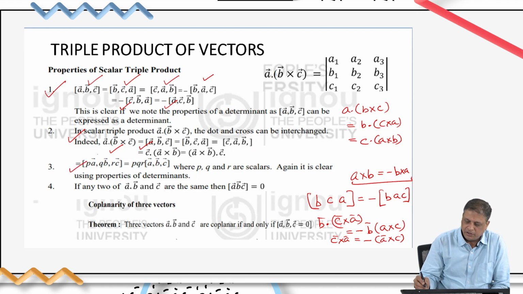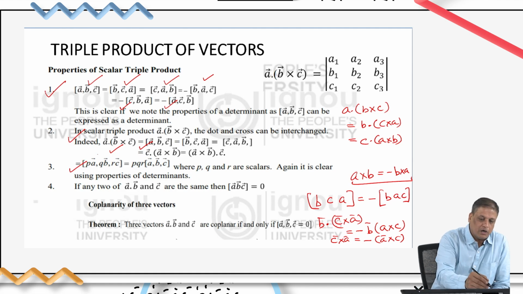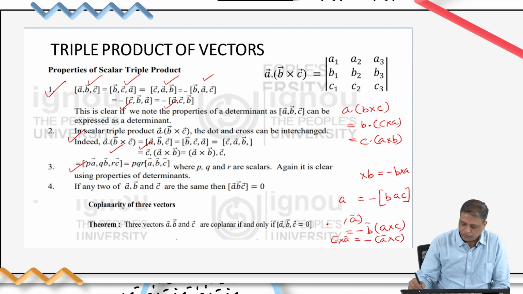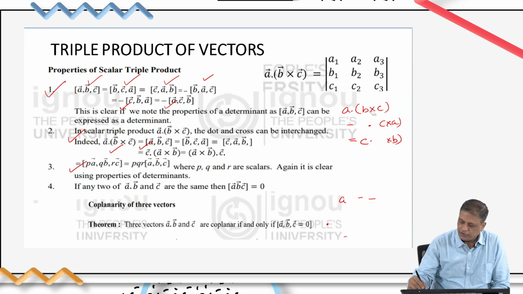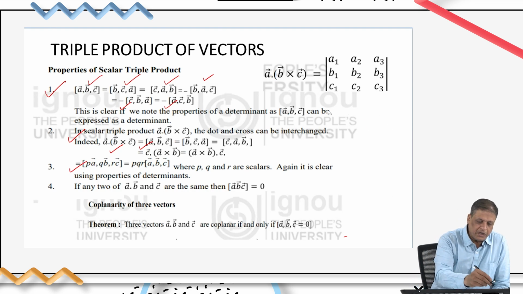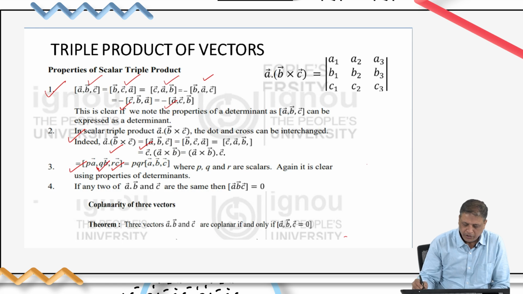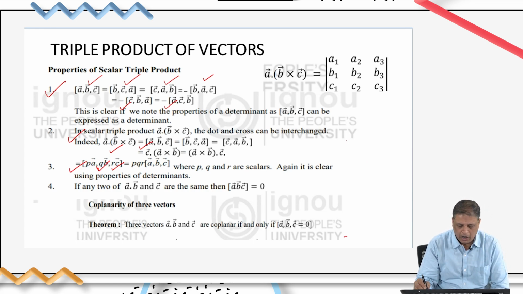But the observation is, if we have the scalar triple product of the three components PA, QB and RC, then the scalar components will automatically come out.